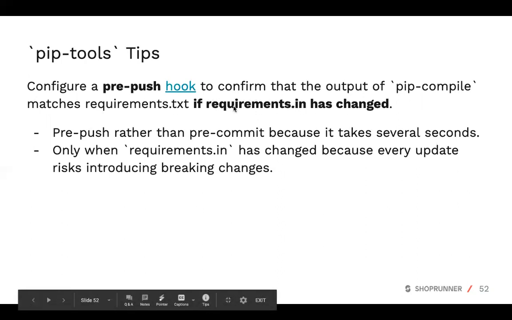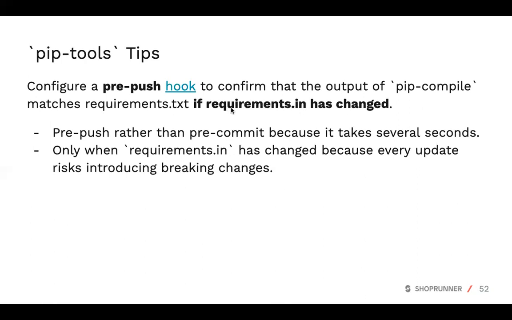This is the thing you write with your abstract dependencies, your loosely specified requirements. If that has changed, then the hook will run pip-compile to get your requirements.txt with all the pinned down dependencies. And if the result is different from what's in your requirements.txt, it will fail your push and force you to compile your requirements again.